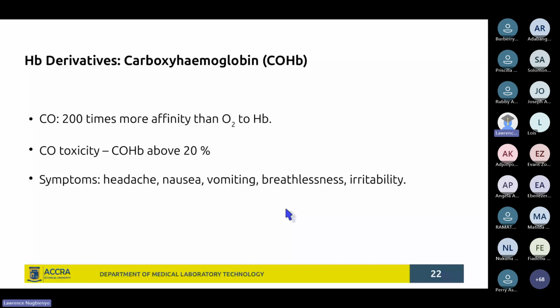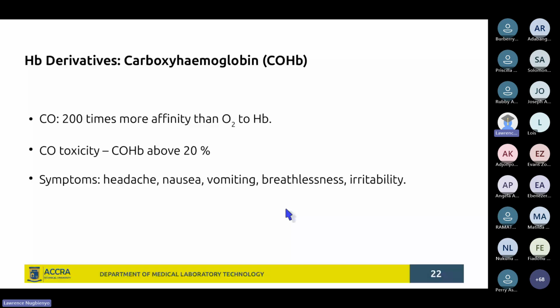What it means is that when it binds to hemoglobin, it's difficult for the carbon monoxide to be released. And what happens? It means not enough oxygen is going to be carried to the tissues.